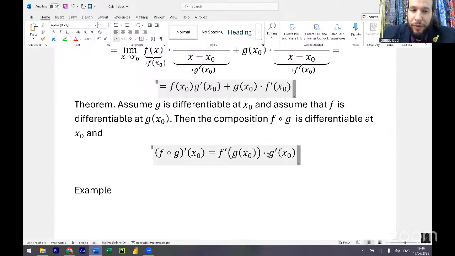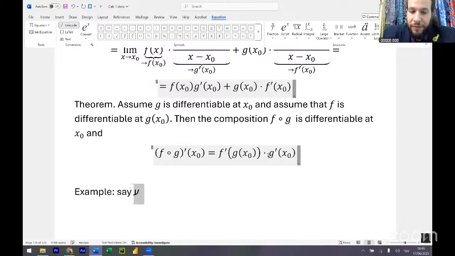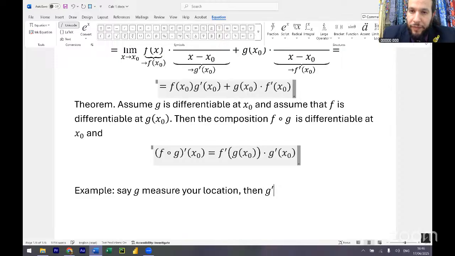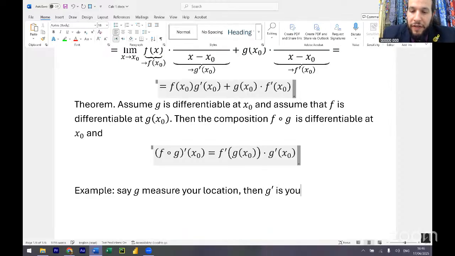Example: say g measures your location, then g prime is your velocity, your speed.